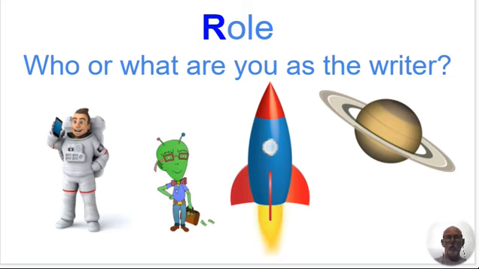Are you the astronaut? Or maybe you're an alien. What about being the rocket traveling to the planet and then landing on it? How about being the planet and seeing people landing on you?